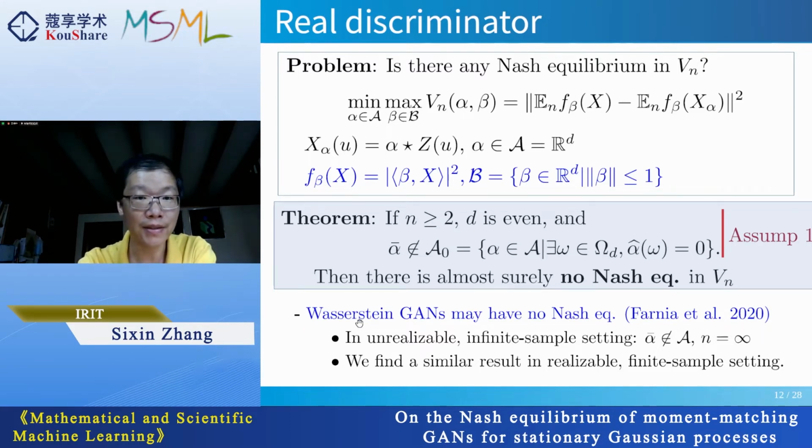And I will say that this extends the existing results, which were studied in an unrealizable infinite data setting, to a realizable finite data setting. We can draw an analogy because in the finite sample setting, a realizable problem becomes somehow unrealizable. So that's why we can expect to obtain similar results.